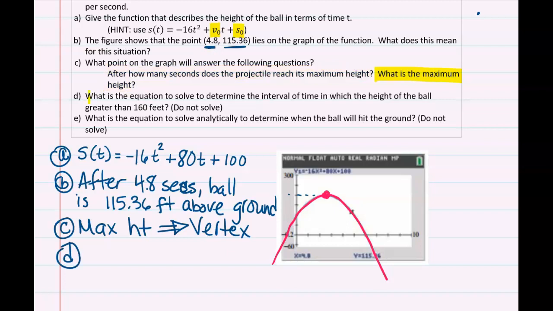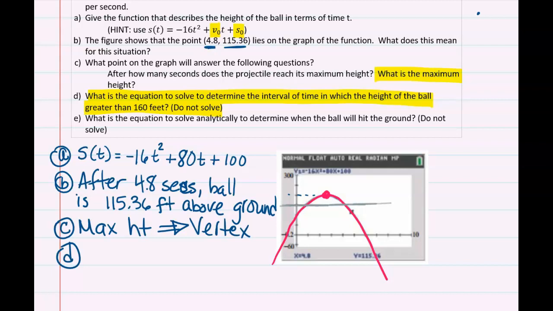What is the equation that we need to solve to determine the interval of the height that is greater than 160 feet? It's not asking us to solve it, it's just asking us what would we solve. Well, if we come over here and we find 160 feet, let's say this is 160 feet. So they're asking us, how would we solve this?